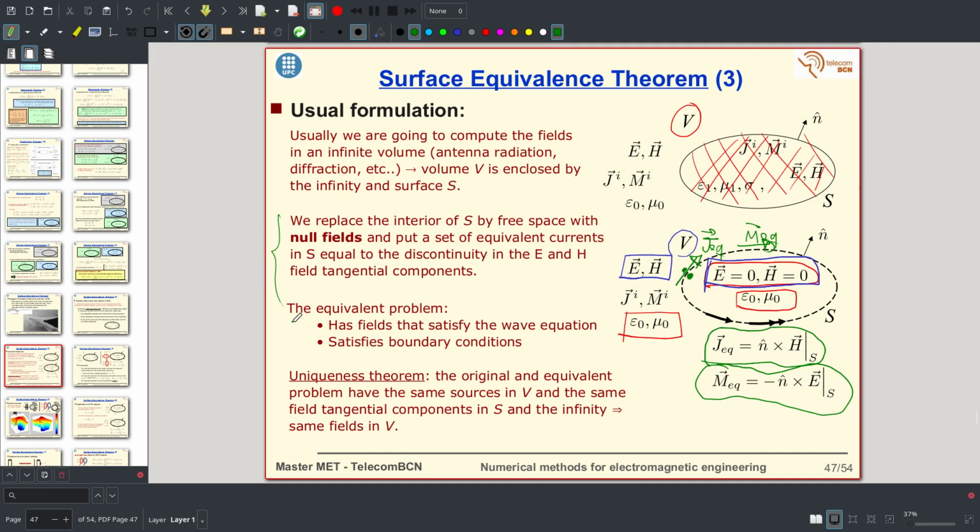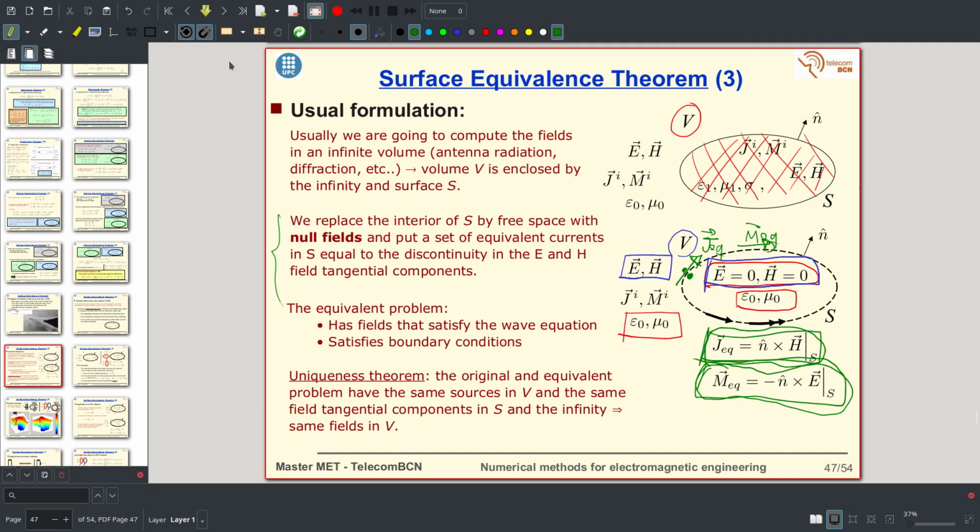and define and set some equivalent currents, surface equivalent currents that flow along surface S and have the exact value to agree with the boundary condition.